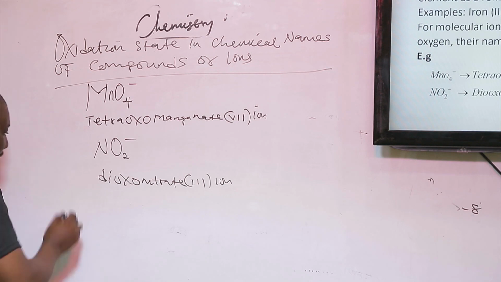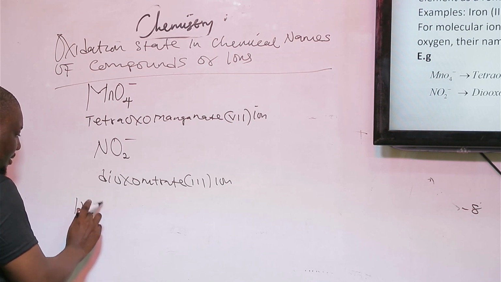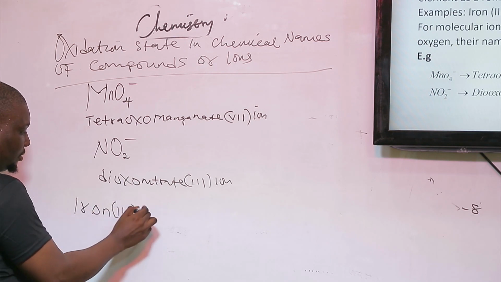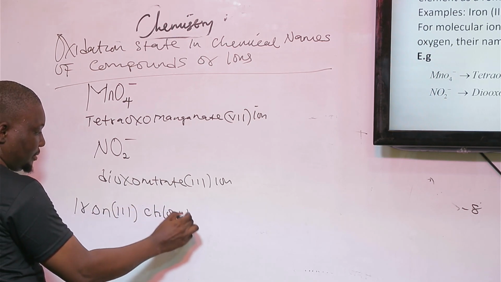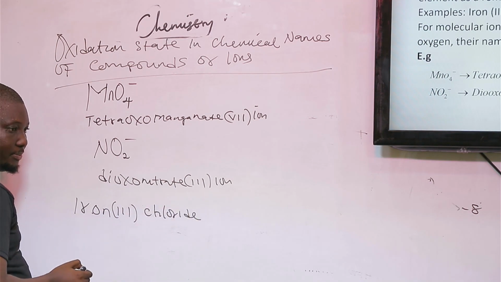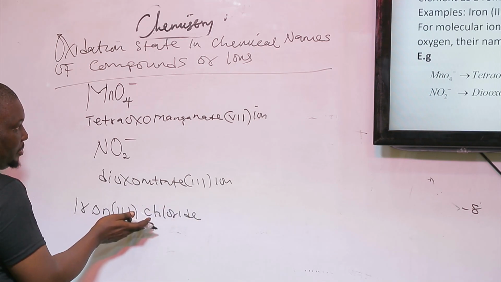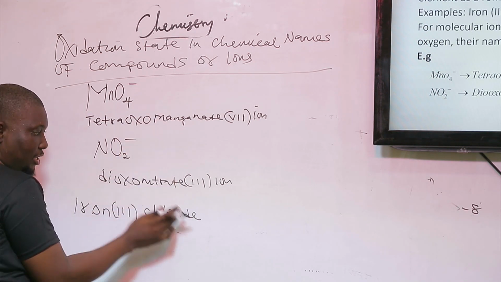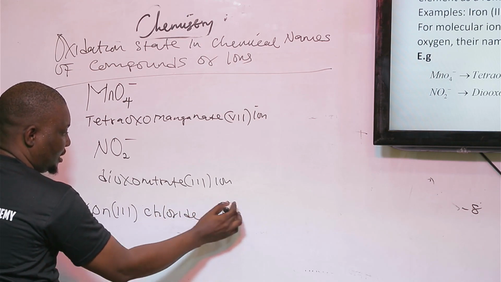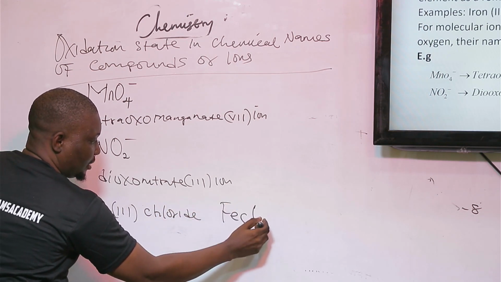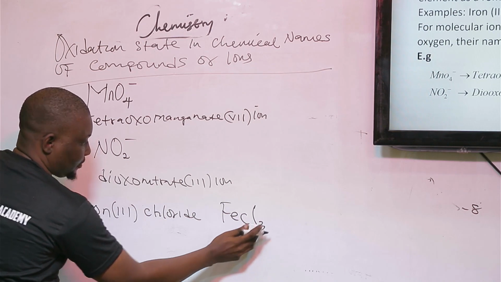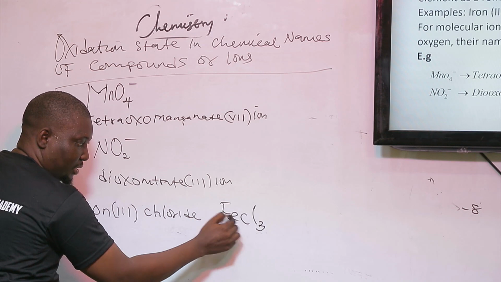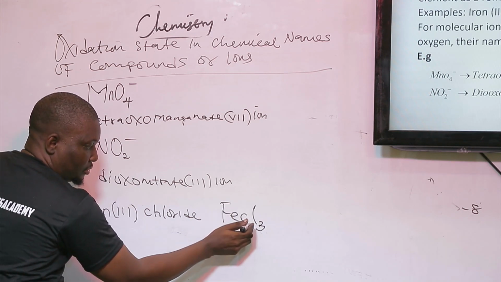Then for some compounds like iron(III) chloride, the difference between these molecular ions and this one is that molecular ions are most often negatively charged. But this one, the formula can be written as FeCl3. The oxidation state of iron comes from chlorine.